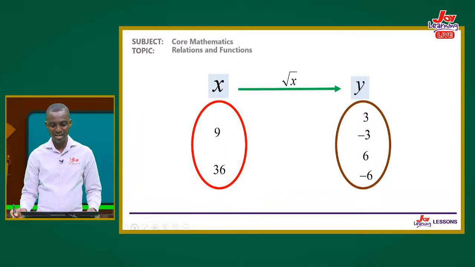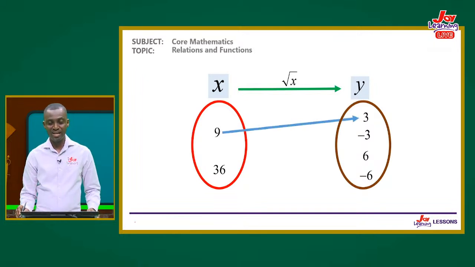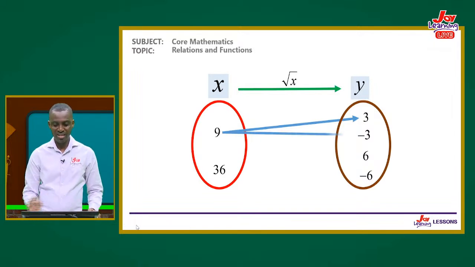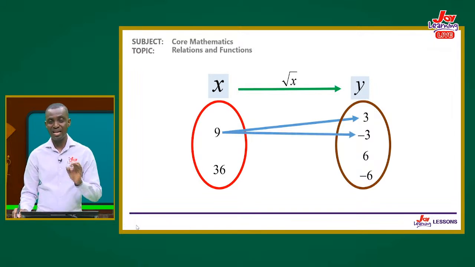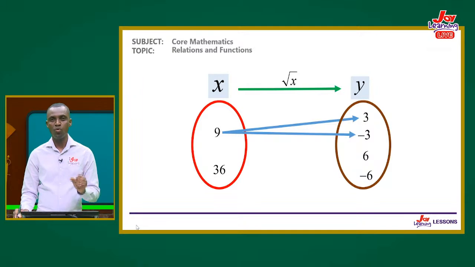An example again can be taking the square root of a number. So root of 9 can give me 3, and at the same time root of 9 can also give me negative 3. But then I'm looking at x to be any variable or any number that will be defined when I put it under a radical.